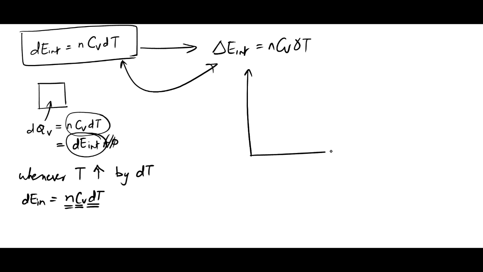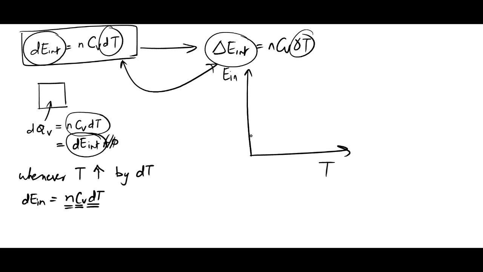If I plot a graph in which I have E internal on the y-axis and the absolute temperature on the x-axis, then dE internal divided by dT is equal to n Cv, which is a constant for a particular mass of a particular gas, and that's also the same as delta E internal divided by delta T, which is also equal to n Cv.